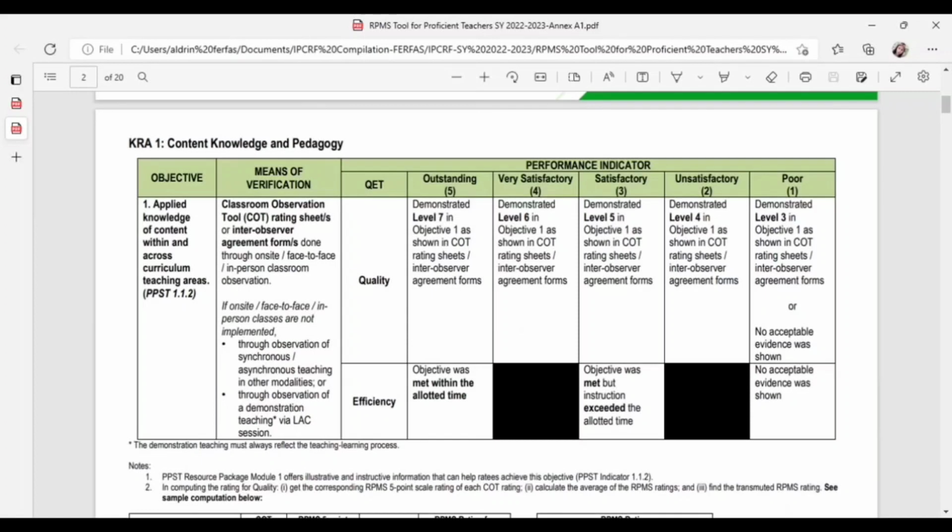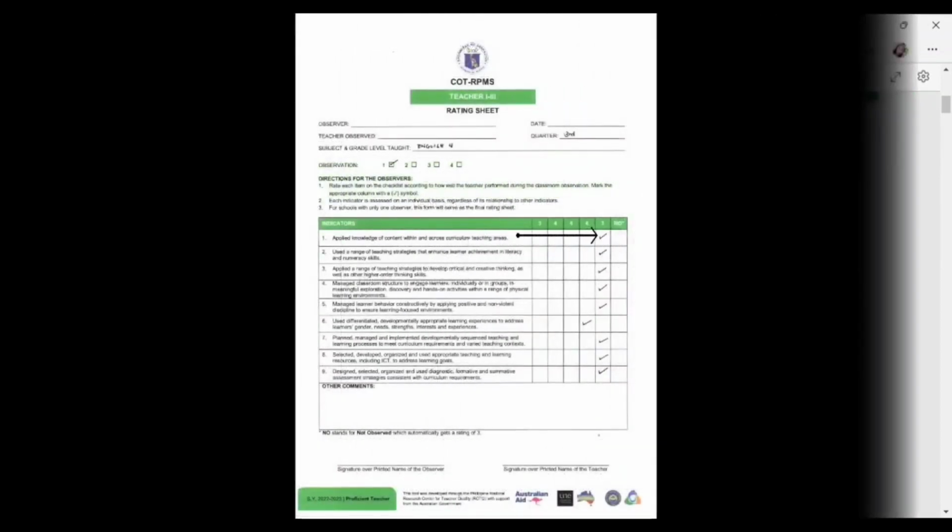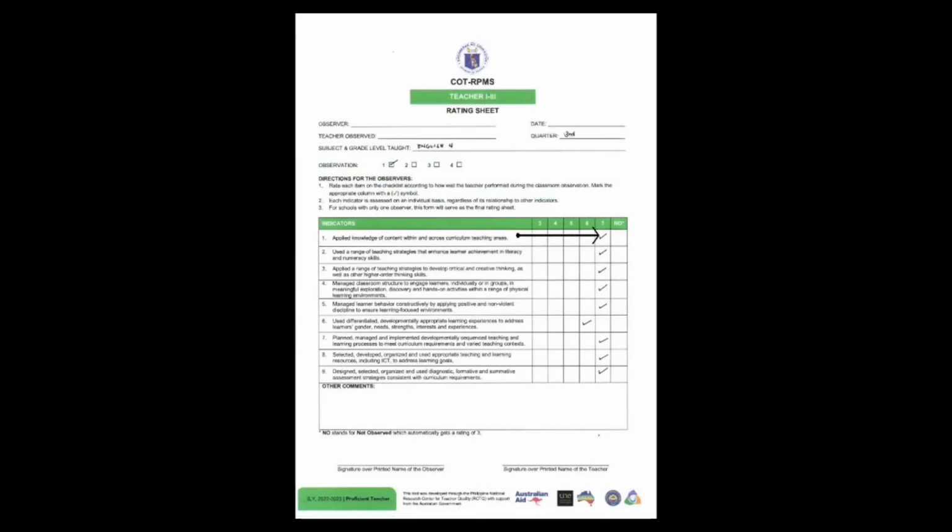And it shall be measured using the performance indicators, which is the quality and efficiency. So if your goal is to have a rating of 5, which is outstanding, you must demonstrate level 7, or your COT rating sheet must be rated as 7.